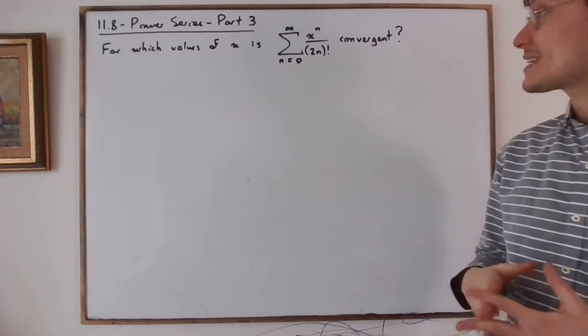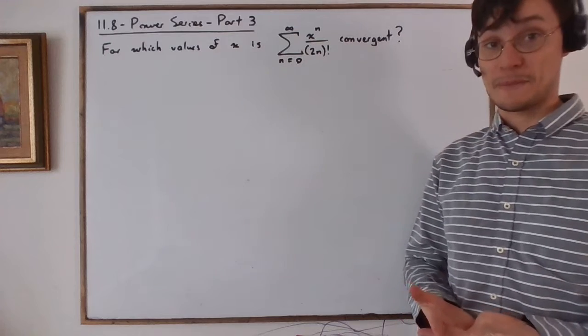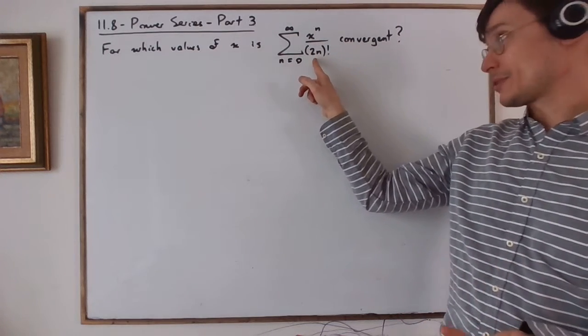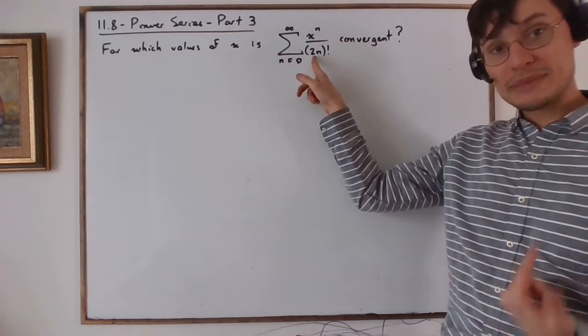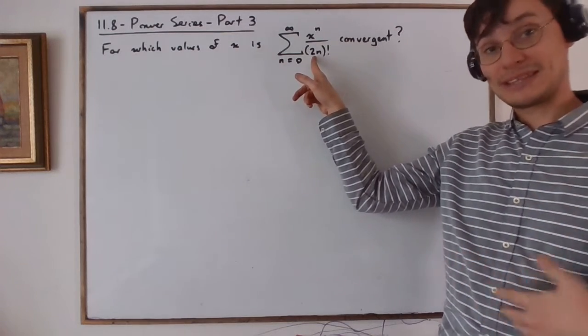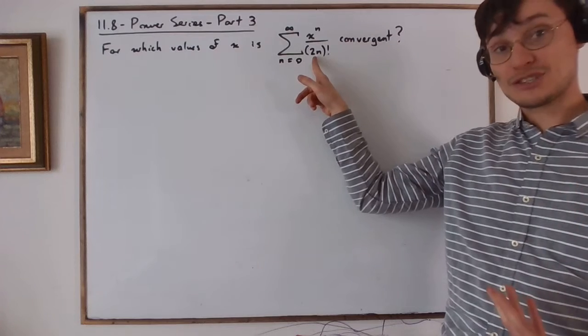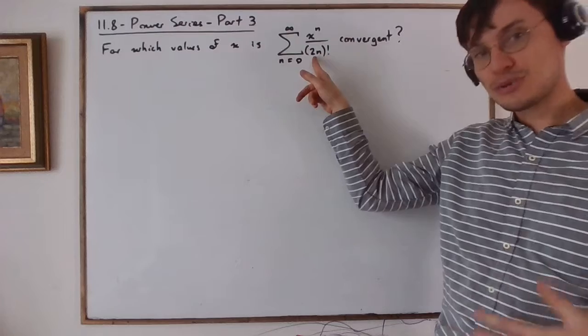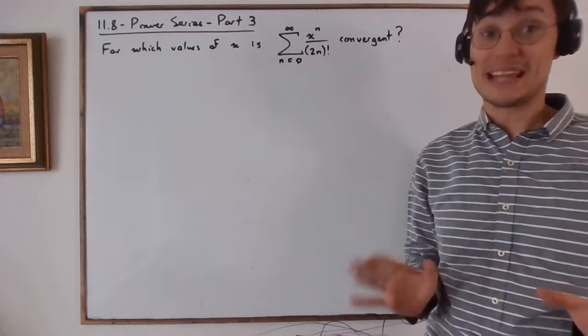For which values of x is this series convergent? Now, you might want to remember what the factorial is here. 2n factorial means 2n times 2n minus 1 times 2n minus 2 times 2n minus 3, so it has a lot of factors, times 3 times 2 times 1, and then it ends there.